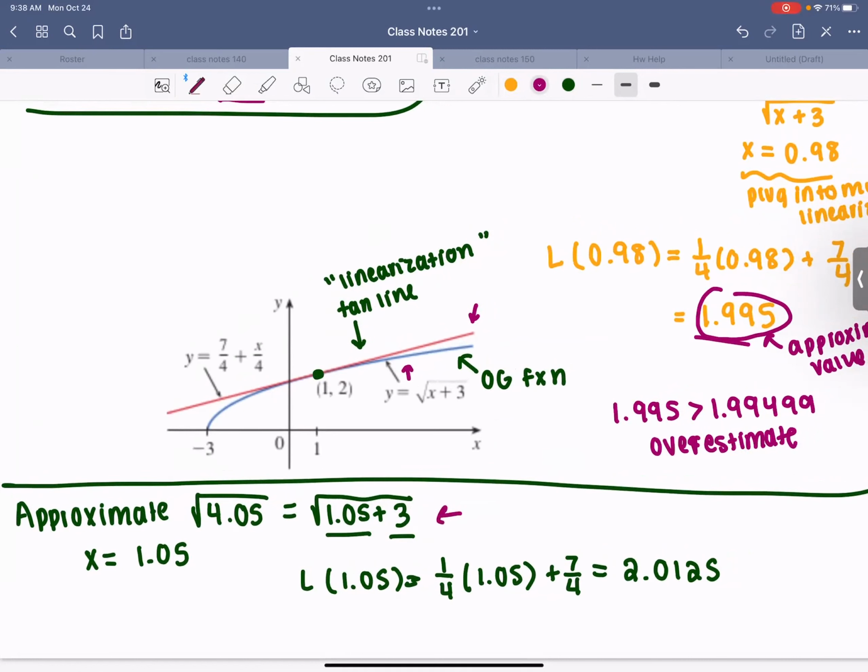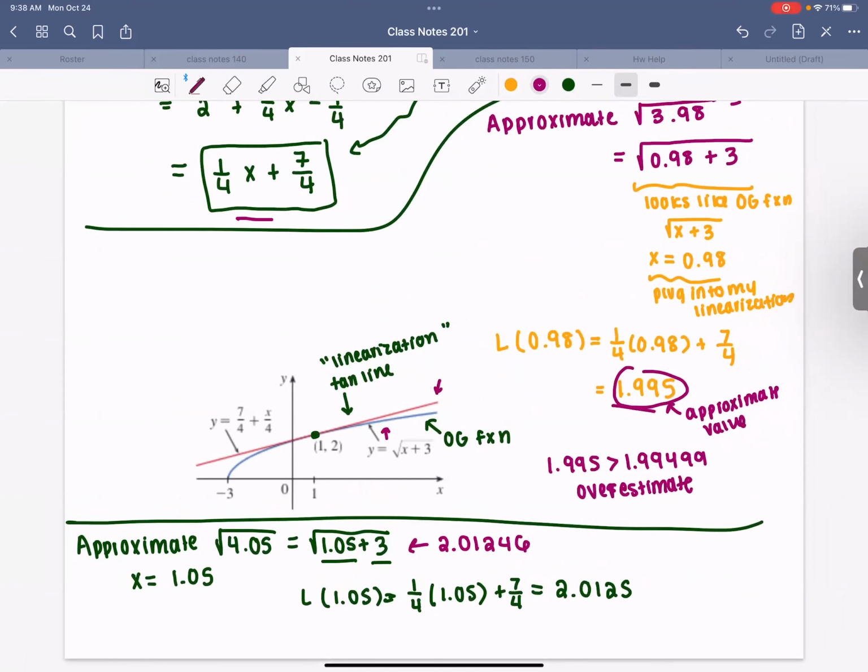So if you ever do this in your calculator, find the square root of 4.05, you should get 2.01246. Okay. All right. Well, comparing these two, do you think this is an underestimate or an overestimate?